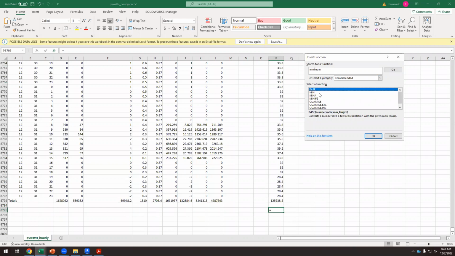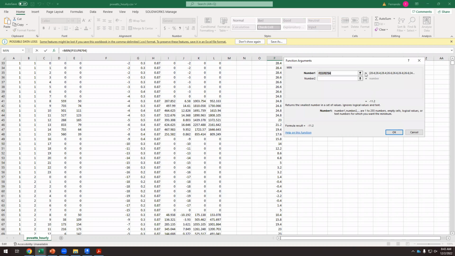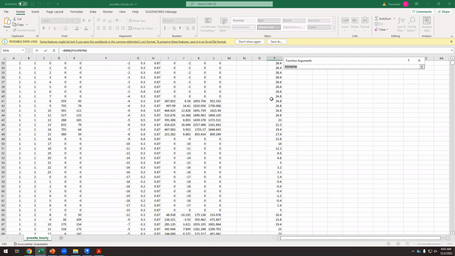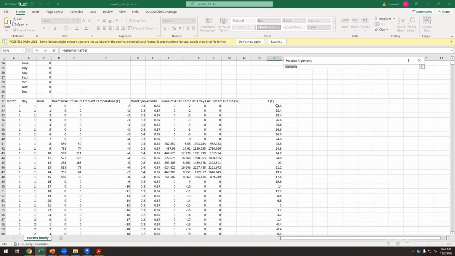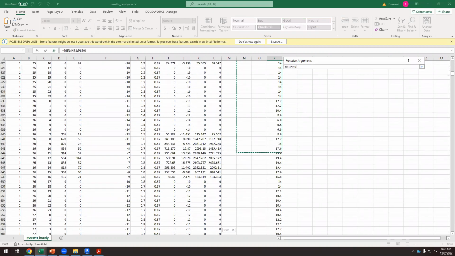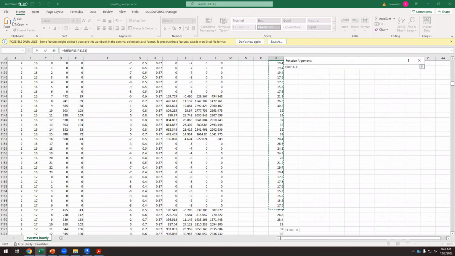If you type minimum, here we have this function. So among all these numbers, we can find the minimum. So the minimum would be the coldest day. So I'm going to use this function min, and I'm going to select all the values on this column.